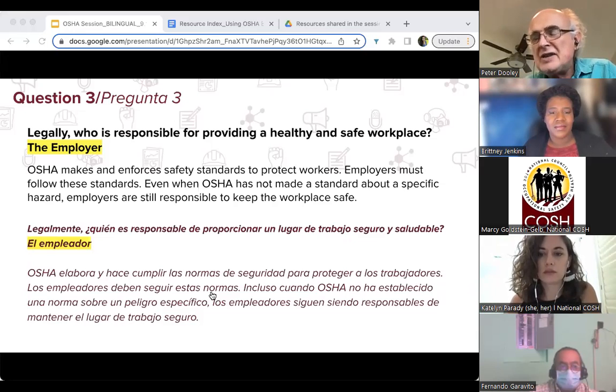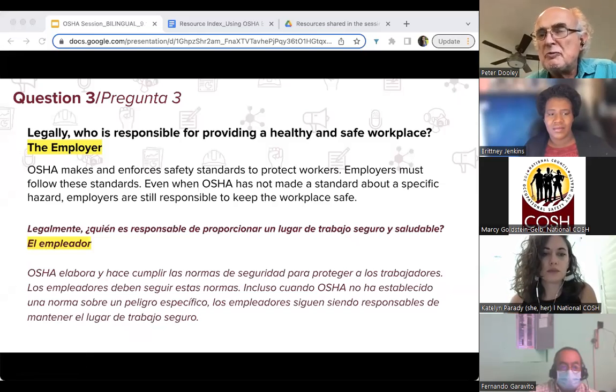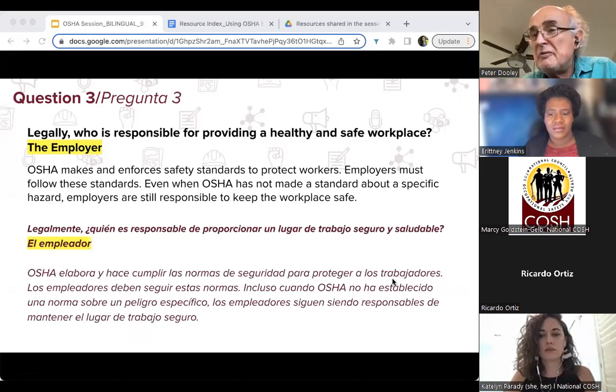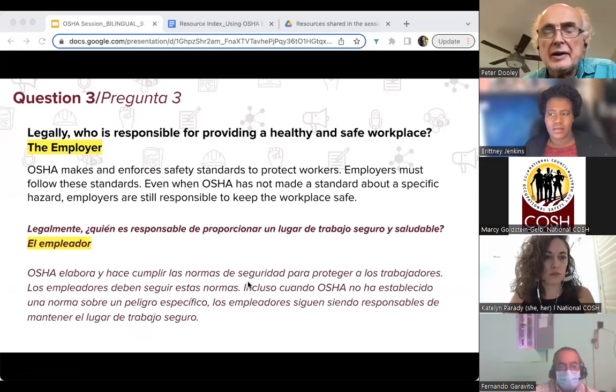And it's a constant problem in most, if not all, workplaces. But legally, it's always back to the employer, who is legally responsible for providing the workplace free from hazards and making it a safe workplace. So that's something we have to constantly remind them of: it is their responsibility.